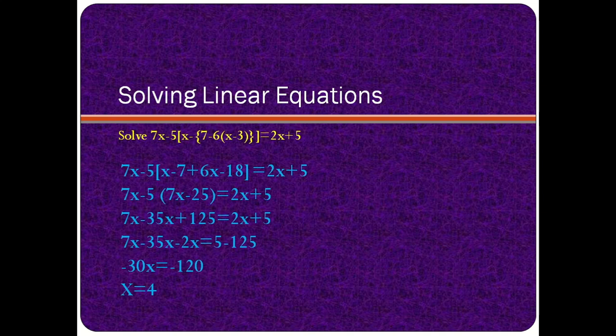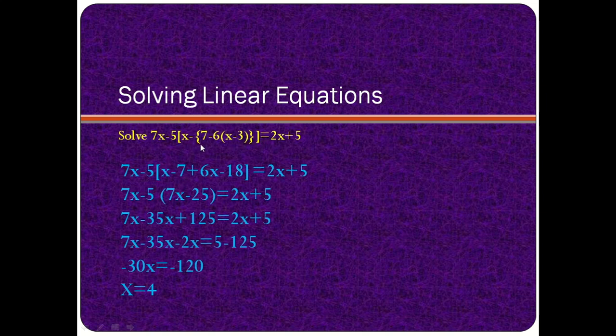Now for examination purpose, you will have to solve a linear equation. So this is a very complex equation. The question is 7x minus 5 into [x minus 7 minus 6 into (x minus 3)] is equal to 2x plus 4. First of all, we are removing the first bracket, this square bracket.